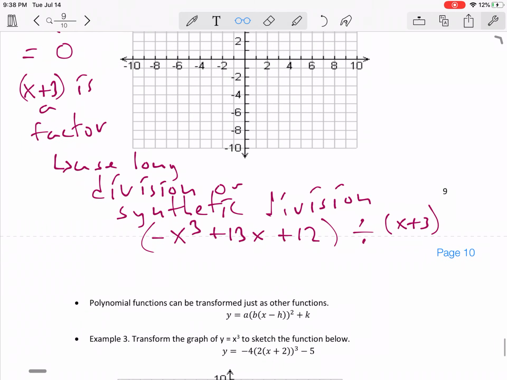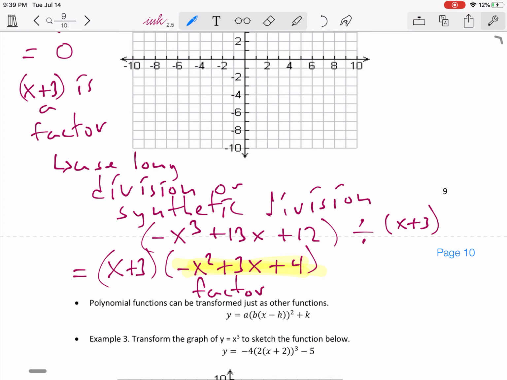After I do that, what I get is (x + 3)(-x² + 3x + 4). So this -x² + 3x + 4 is what I get after the division, and the x + 3 was the factor I already determined.